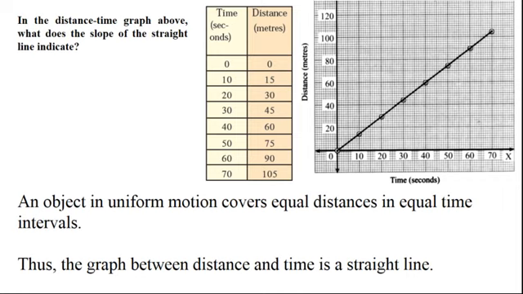The table shows that when time is 0 second, the object covers a distance of 0 meter. When time is 10 second, the object covers a distance of 15 meter, and so on. I have plotted the graph on the basis of this table.